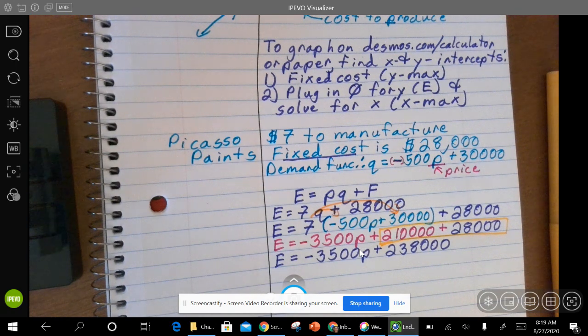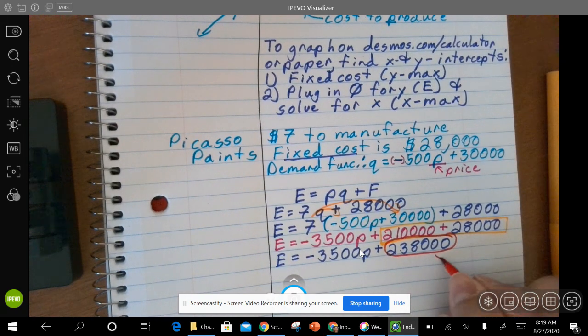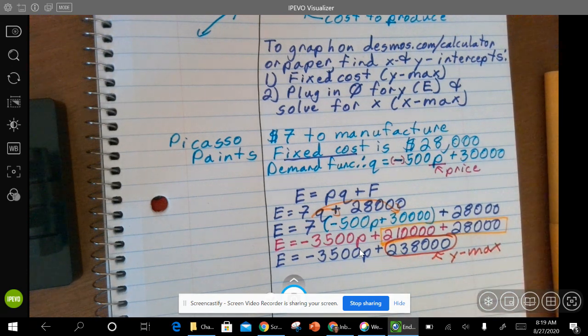Remember, everybody, that this is our Y maximum. Now we're going to substitute for our X max.